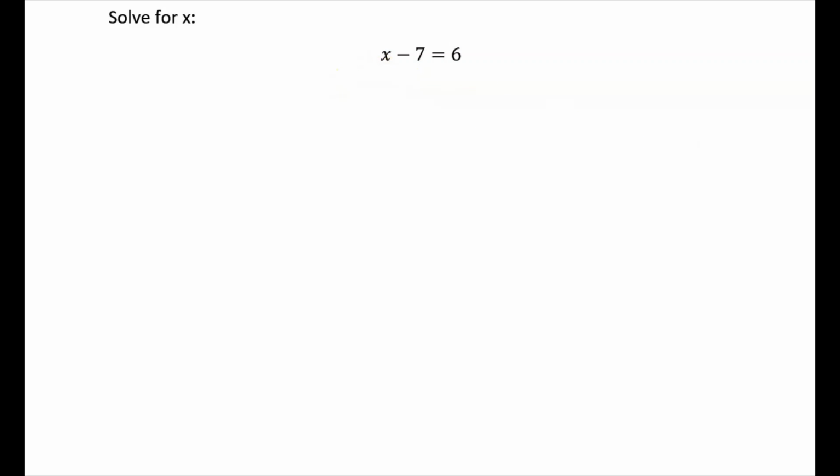Now the formal way how we can do that is we use the concept of inverse mathematical operations. What does that mean? Well, the inverse operation of subtracting something would be adding something.